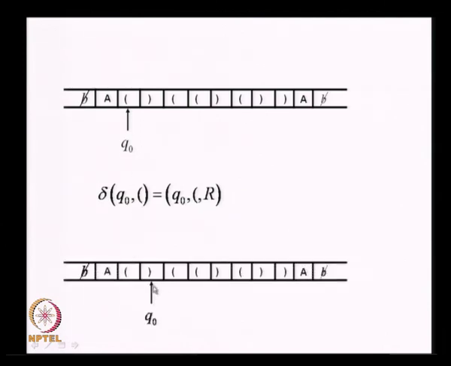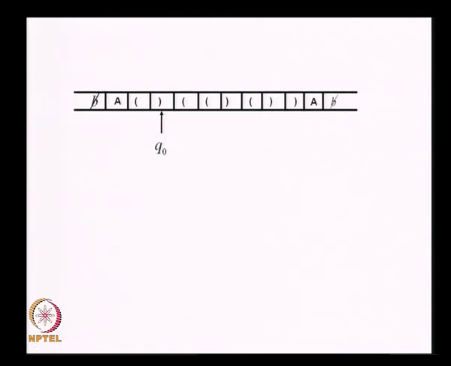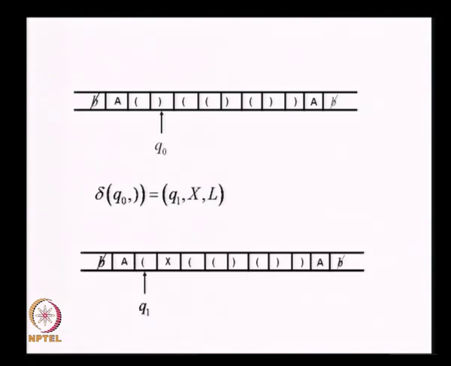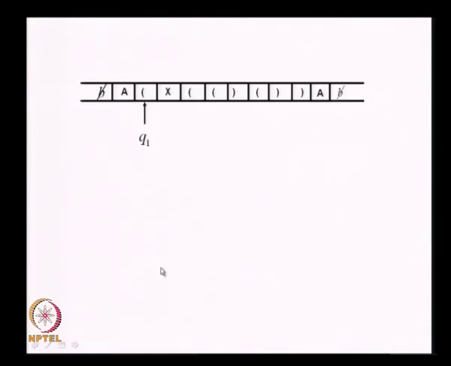In state q0 it sees a right parenthesis and changes that into a x and goes to state q1 and moves left. It uses this mapping and so it prints a x in this place and moves left in state q1.